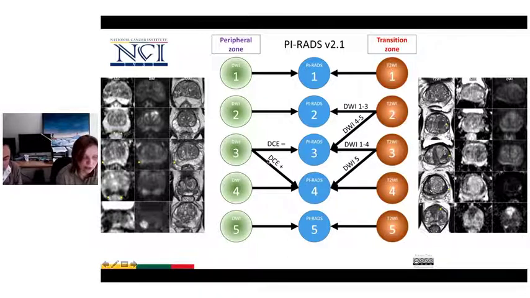If it enhances, we make it a PI-RADS 4 lesion. And the other two are easy. If we have 4 on diffusion in the peripheral zone, it's 4, and if we have 5, it's 5. So maybe the situation with 3 is not so clear, but there, contrast enhanced images help us. How about the transition zone?